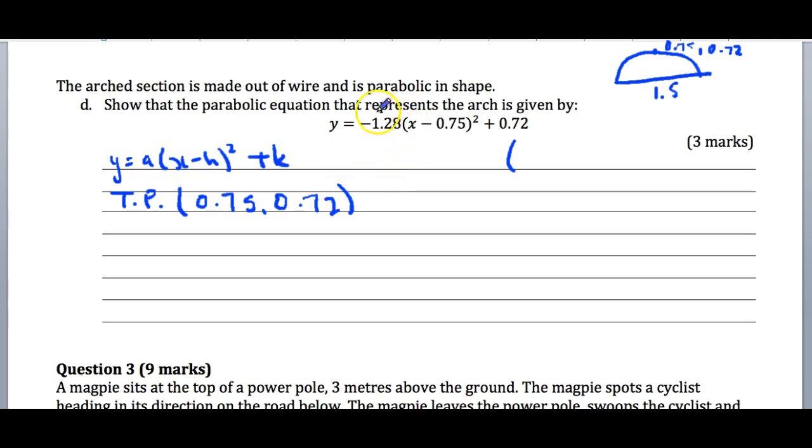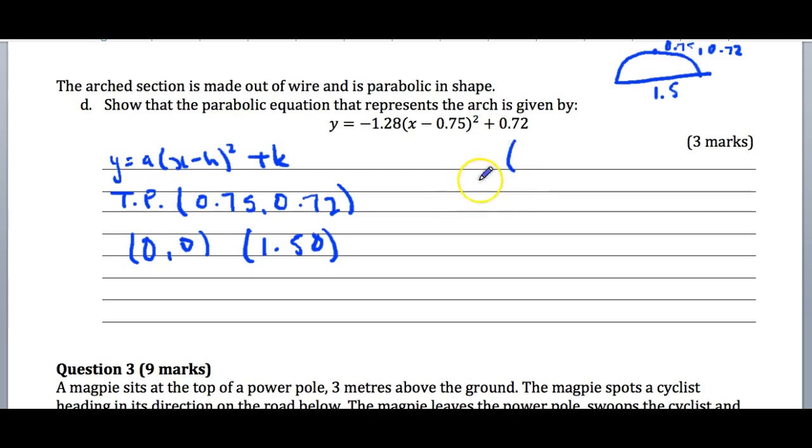Okay, and then we've got to find the value of A, so we can just use any point for X and Y. Now, we're just going to assume it's 0, 0, and the other point is 1.5, 0. So we're going to just substitute these values into here.